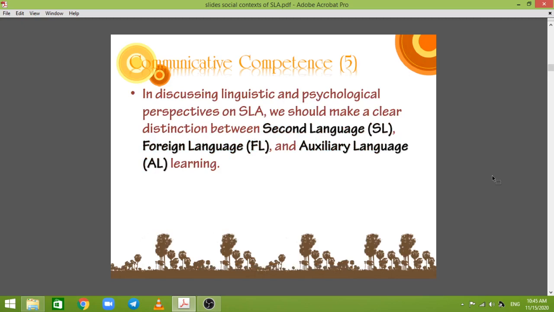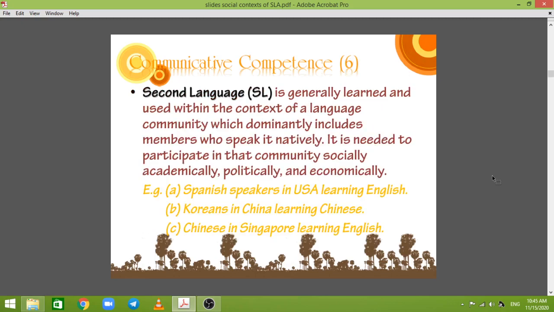In discussing linguistic and psychological perspectives on second language acquisition, SLA, we need to make a clear difference among second language SL, foreign language FL, and auxiliary language AL learning. What is it in terms of second language, SL?